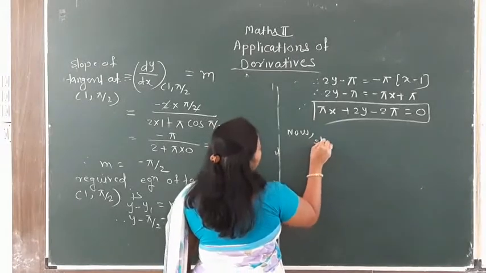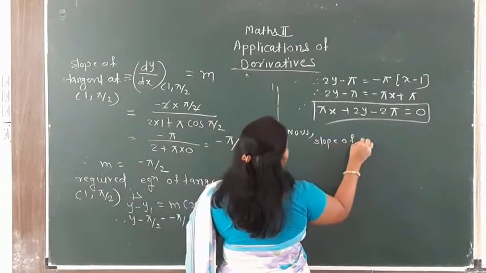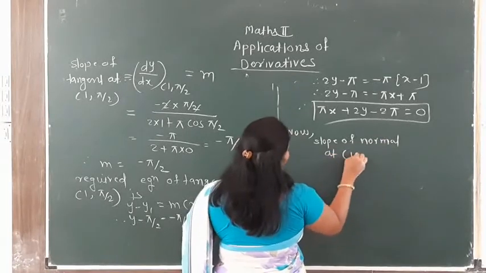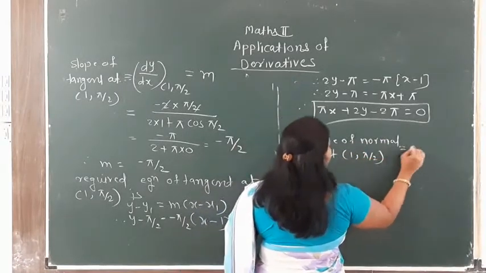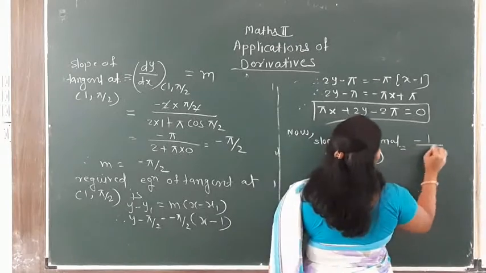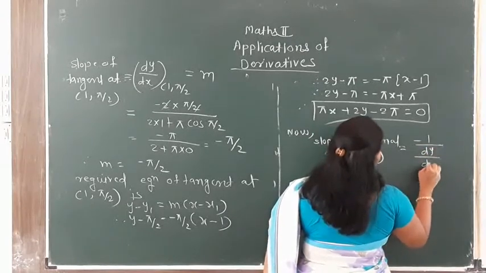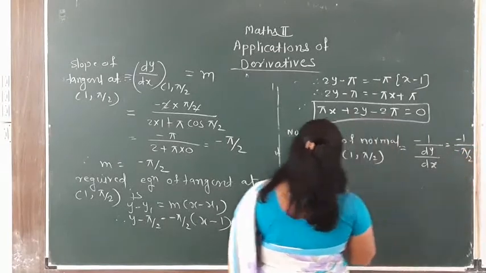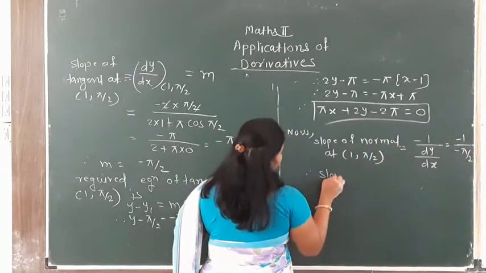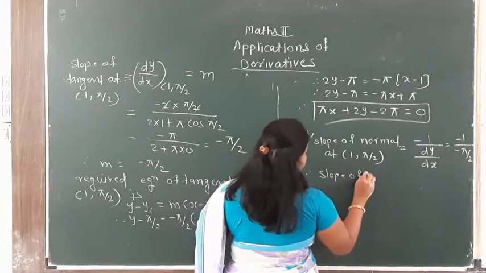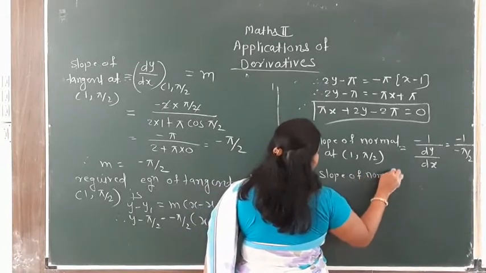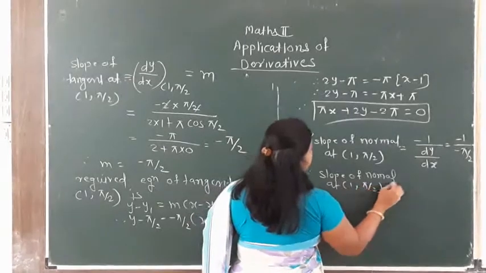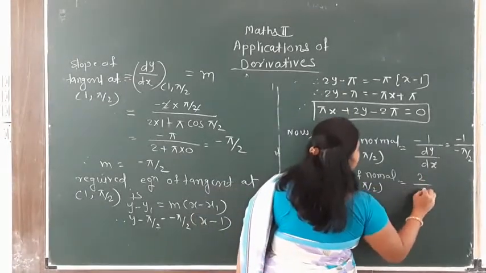The slope of normal at (1, π/2) is −1 upon dy/dx, which is −1 upon −π/2. So the slope of normal at (1, π/2) is 2/π.